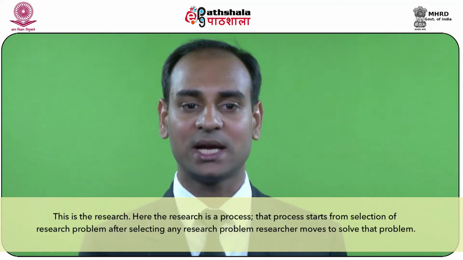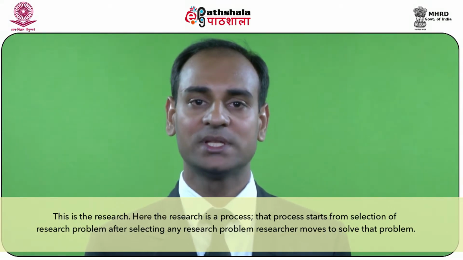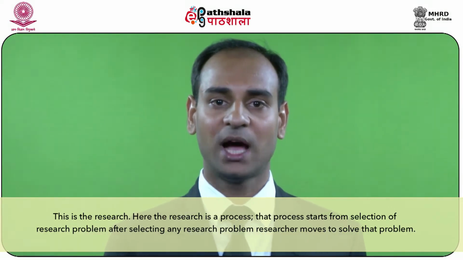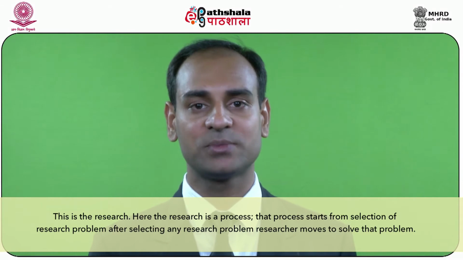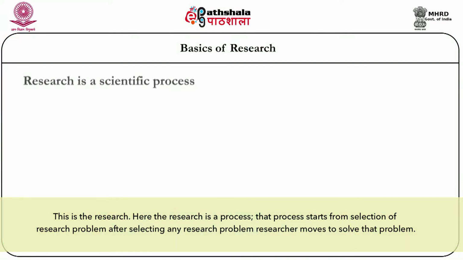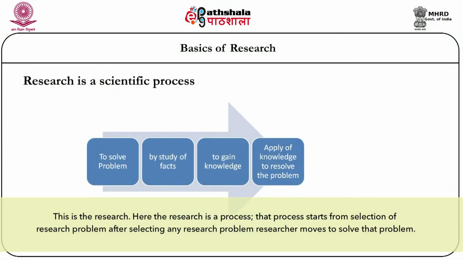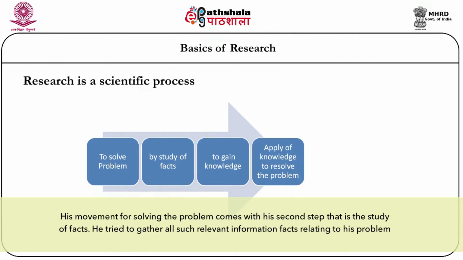That process starts from selection of research problem. After selecting any research problem, the researcher moves to solve that problem. His movement for solving the problem comes with his second step, that is the study of facts.